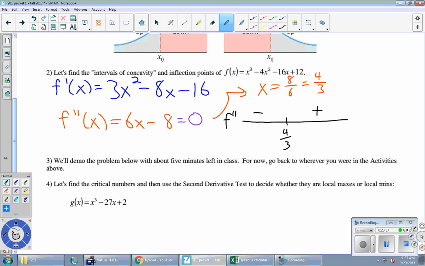And so if I'm writing my intervals of concavity, I know concave up means second derivative positive. And that starts where? 4/3 and goes to where? Infinity, forever.